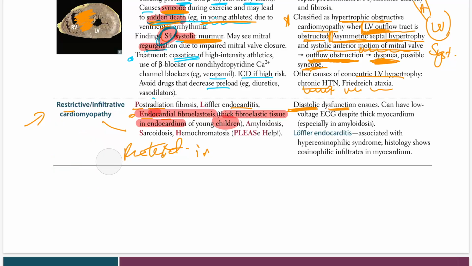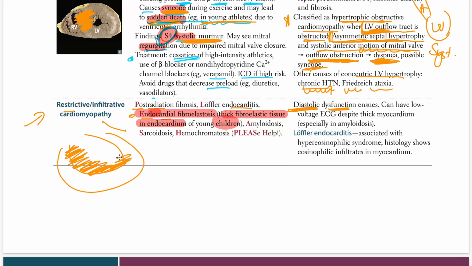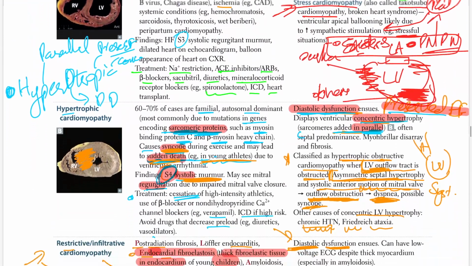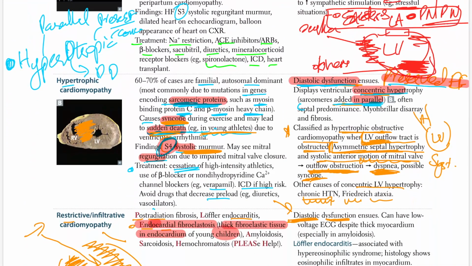So let me actually draw one more time. Here is your normal heart. But now when you deposit all of that in this endocardium, you have restricted the filling, called diastolic dysfunction, which is the same thing we saw in hypertrophic cardiomyopathy, where you can't fill because the muscle was enlarged.